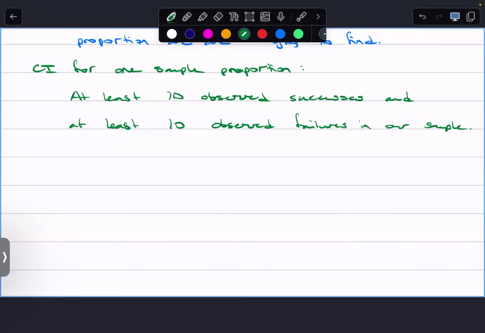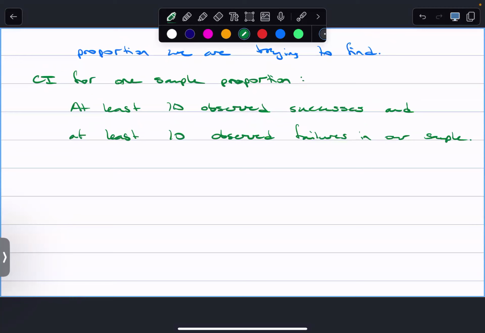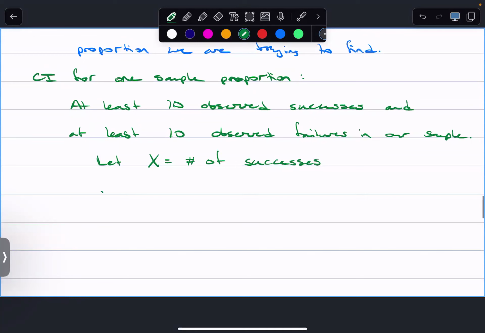And so for us, how we're going to check this is, let X, just in case I didn't introduce it last day, which I feel like I didn't, let capital X be the number of successes. Recall that p hat is X over N, right?